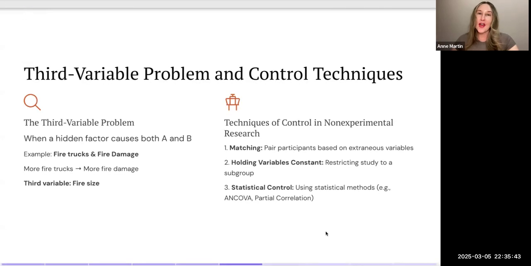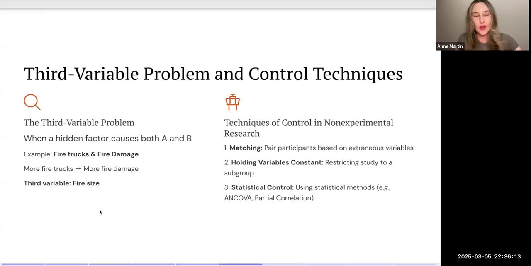So thinking about that third variable problem, in the text there's quite a few examples of the third variable problem, and we've shared a couple examples of these. You might have more examples to share today as well, but this is when another factor is causing both A and B. So there is a relationship between the variables, but the identified variables are not causing each other, something else actually is.